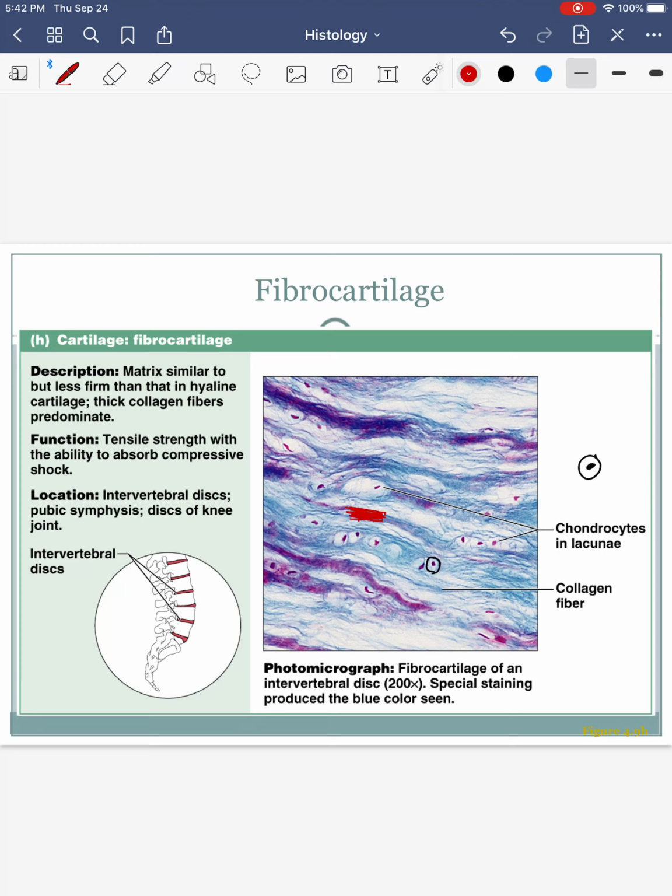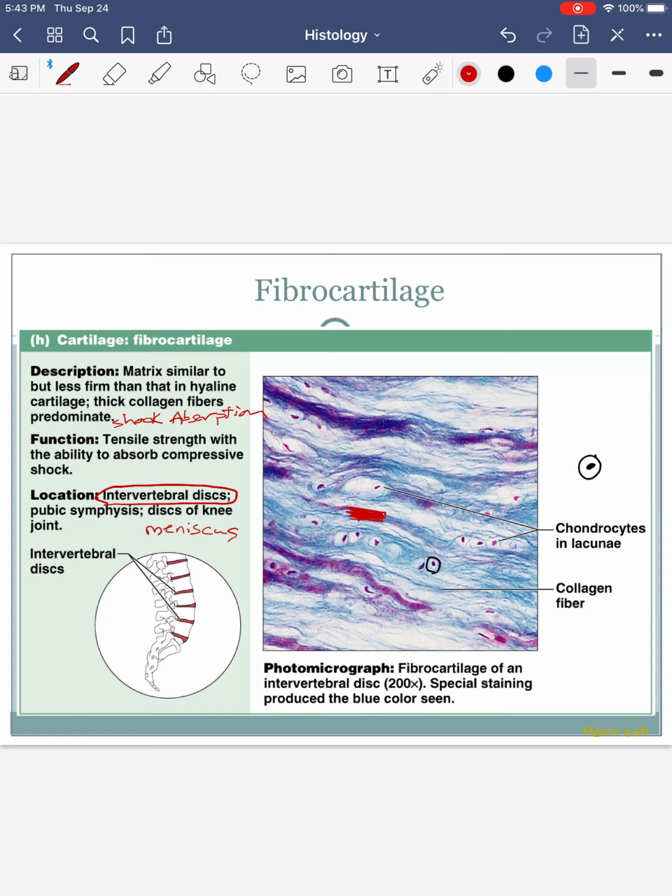We find this in the intervertebral discs between our vertebrae. We find it in the discs of our knee joint, or if you've heard of the meniscus. And this really gives, I think it's best to say, shock absorption. So think about the intervertebral discs.